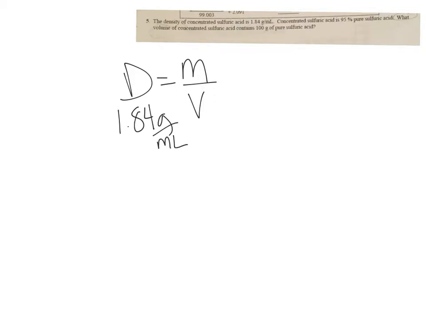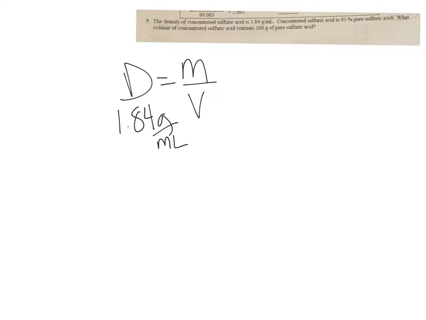All right. Number 5. So this was an interesting question. So this is using density again. So we remember density is your mass over volume. Okay. And they tell you that you have this concentrated sulfuric acid, which has a density of 1.84 grams per milliliter. Okay. Concentrated sulfuric acid is only 95% pure sulfuric acid.